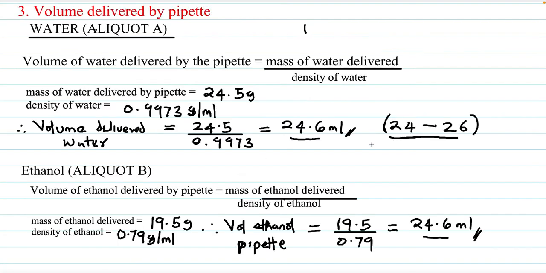Now, which of the 3? This guy here. The actual volume for water is 24.6. The actual volume for this is also 24.6. So that is why I say you should take it to be 25, because it's going to be approximately equal to 25.